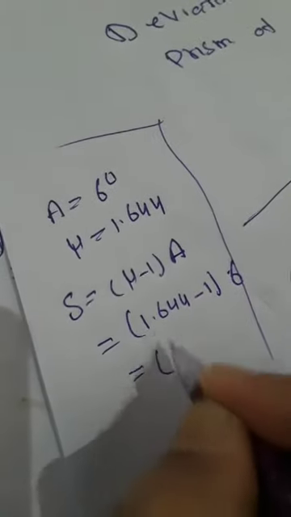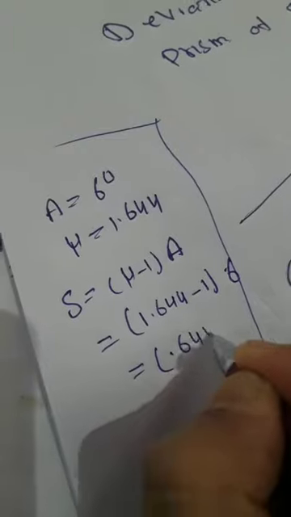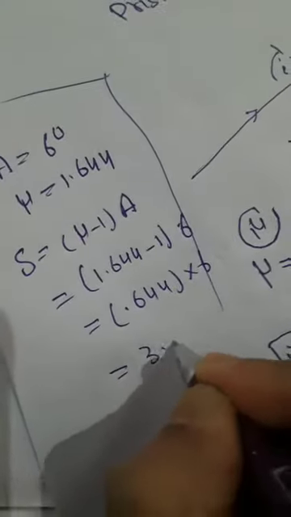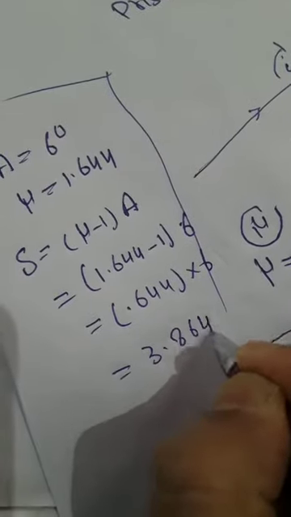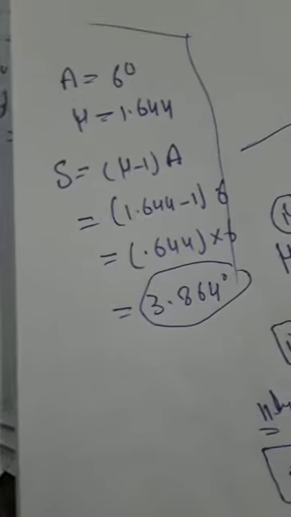That is 0.644 multiplied by 6 degree, and ultimately we get 3.864 degree. This is the deviation.